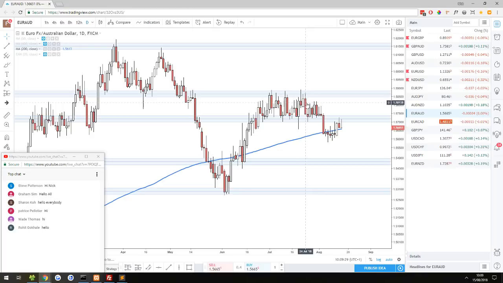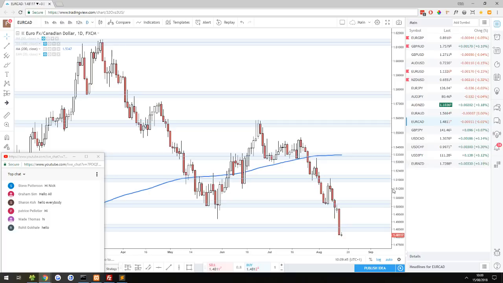Euro AUD, nothing much going on here either, guys, really. It's come back up to this resistance area, but yeah, there's nothing really happening there. Nothing I'd want to trade.